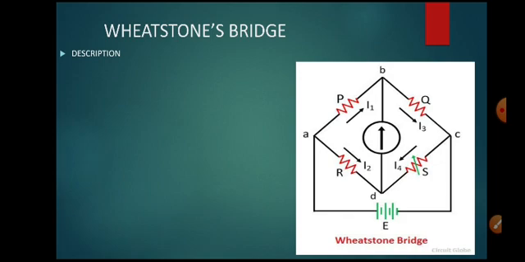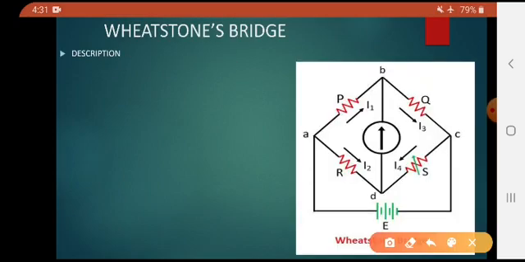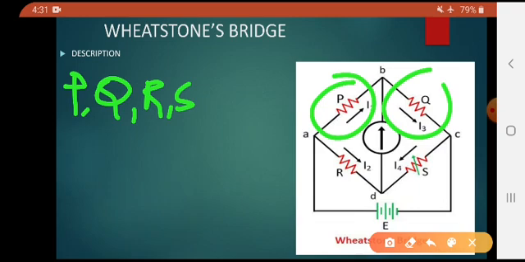This bridge has four resistances. Consider P, Q, R, S. P, Q, R, S are the four resistances connected in a series.